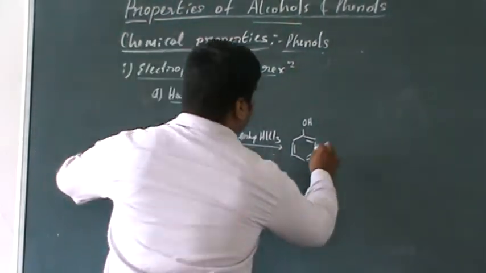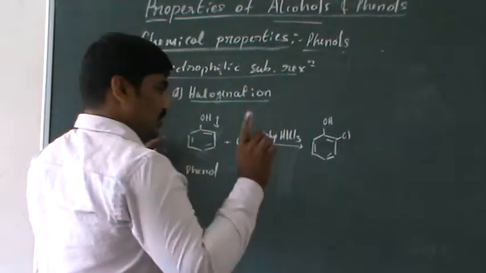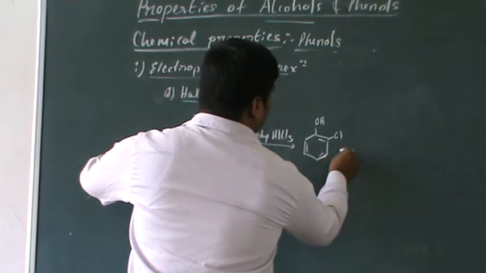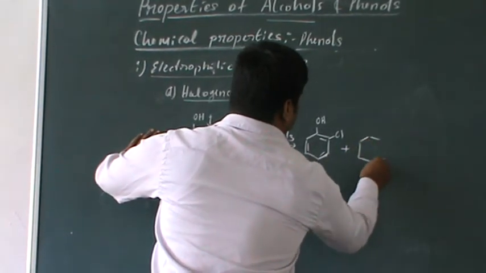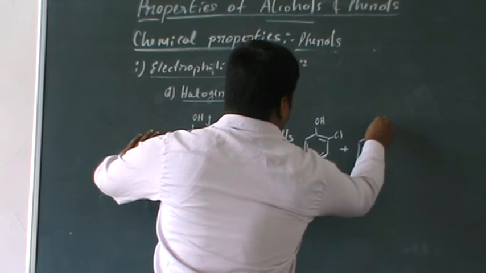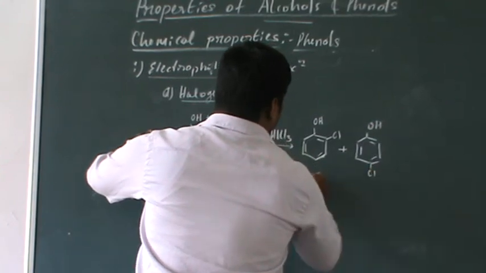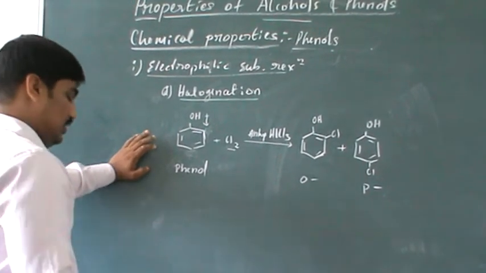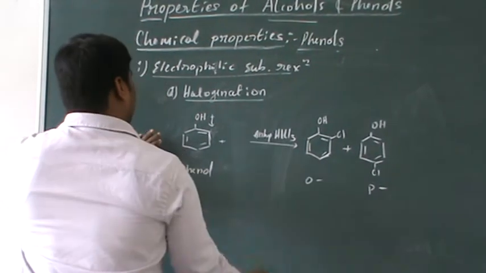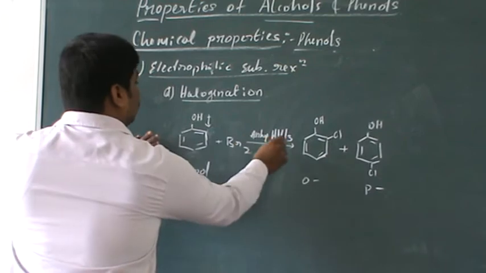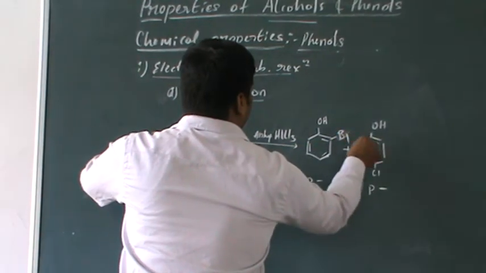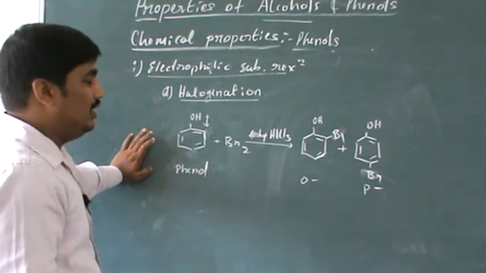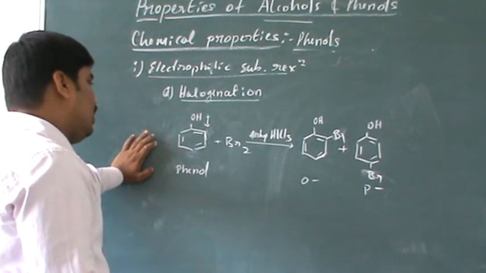Because of that, it produces one product, orthochlorophenol, and another, parachlorophenol. In a similar way, bromination with Br2 produces orthobromophenol and parabromophenol. This is the very easiest thing, I think.